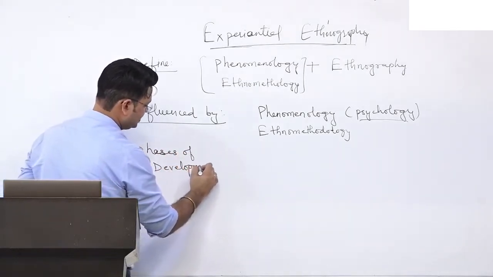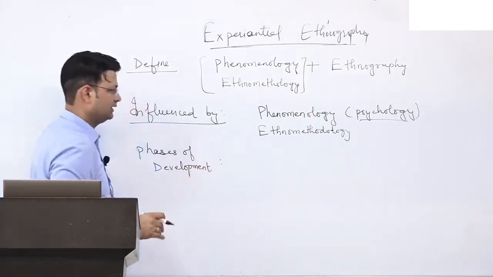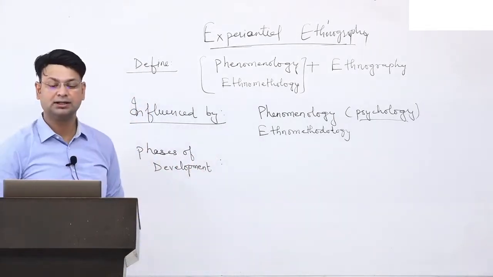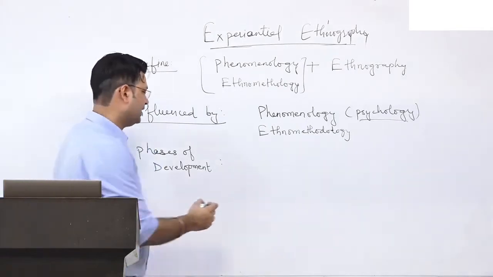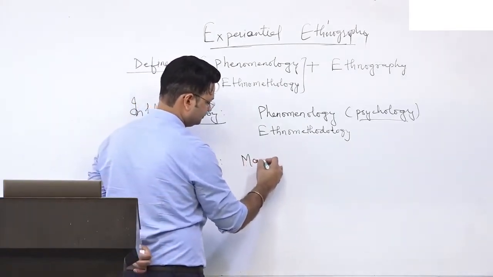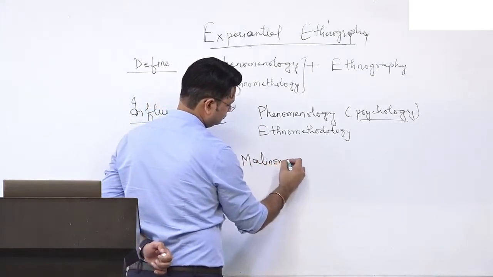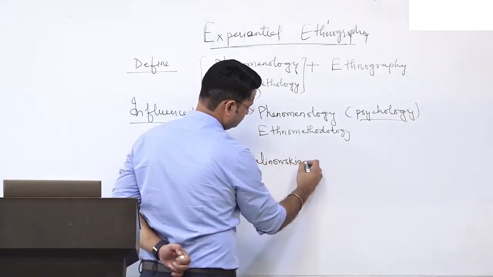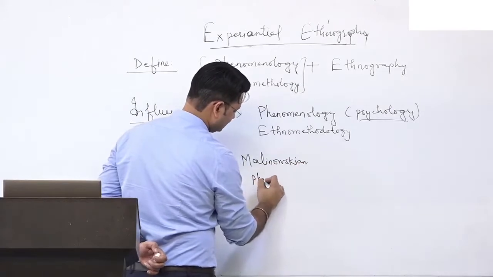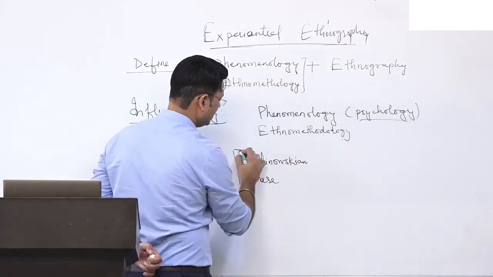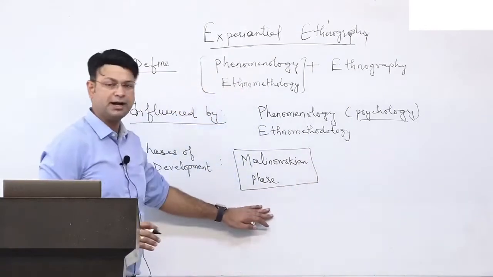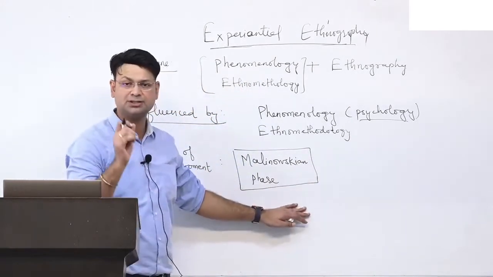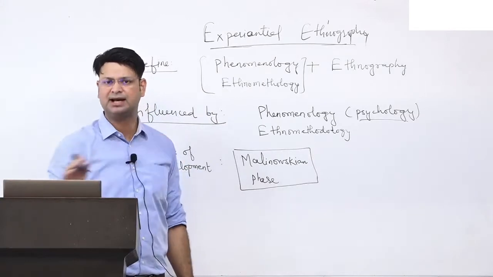The phases of development of this experiential ethnography: the first was participant observation and ethnography, you can say the Malinowskian phase. It emphasized participant observation, we cannot deny that.